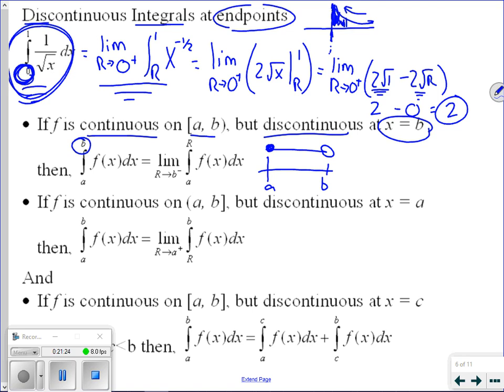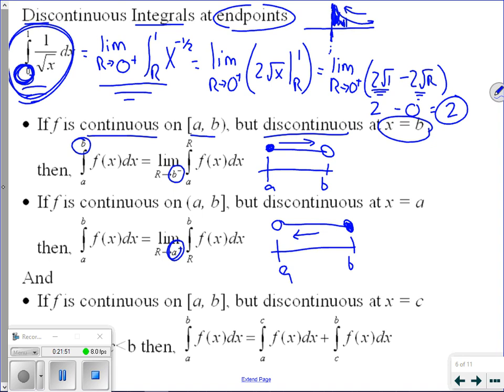Well, the limit we set up would then be B from the left, because we're approaching B from the left side. And you just saw an example of A from the right side. That would be A positive here, because again, if I drew my number line, A to B, it's continuous at the endpoint B, but not at A. So the limit would be approaching A from the right side. Okay.